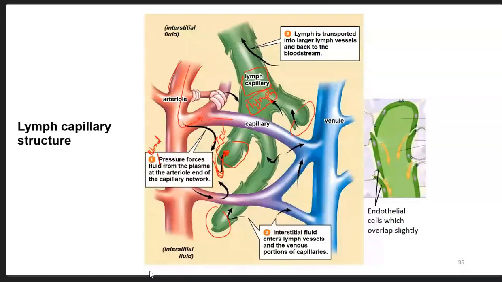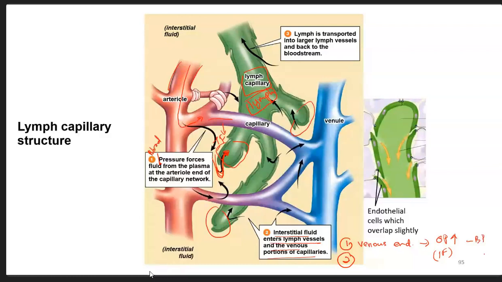Second, interstitial fluid enters the lymph vessels and the venous portion of the capillaries. So there are two ways for this excess fluid in the interstitial fluid to return back into your blood circulation. One is through the venous end, where the osmotic pressure in the interstitial fluid is higher compared to the blood pressure in the venous end.